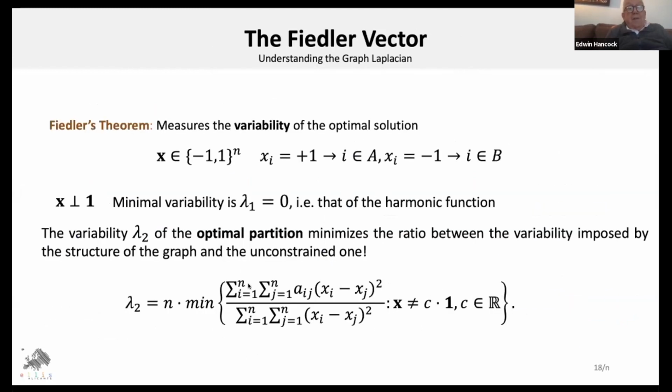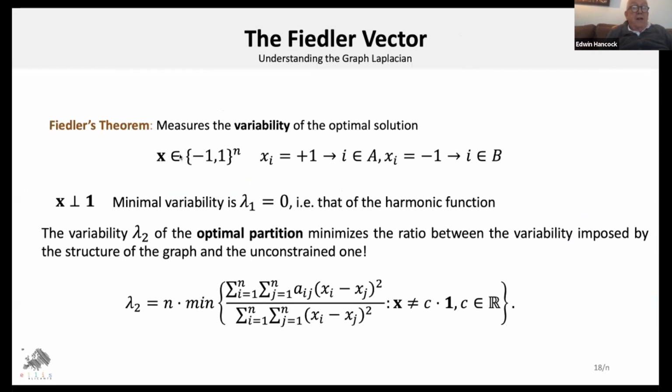So one way of addressing this problem is to use Fiedler's theorem. Fiedler's theorem shows how you can measure the variability of the optimal solution to the minimum cut problem that I have shown on the previous slide.